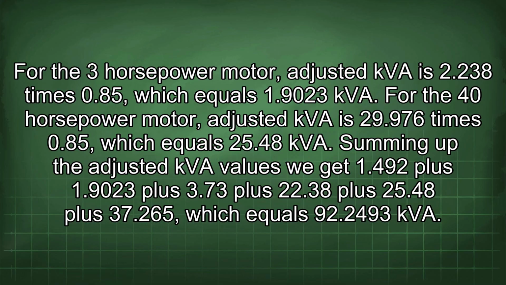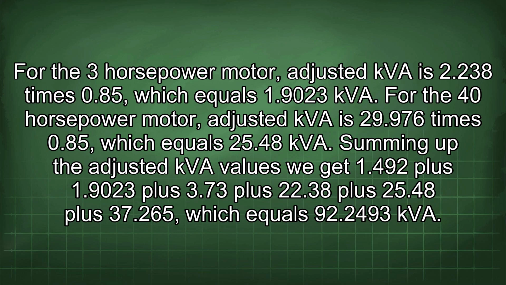For the 3 horsepower motor, adjusted kVA is 2.238 times 0.85, which equals 1.9023 kVA. For the 40 horsepower motor, adjusted kVA is 29.976 times 0.85, which equals 25.48 kVA.